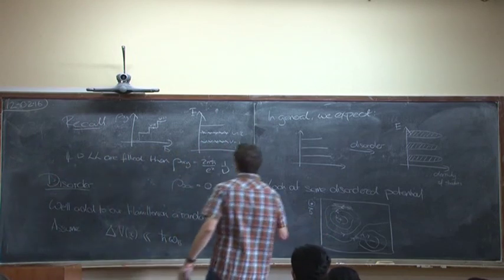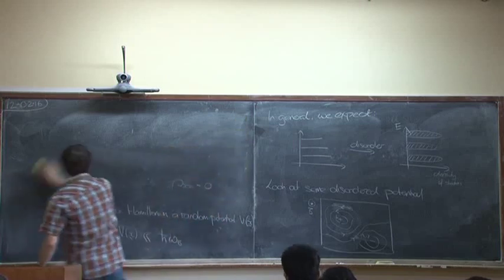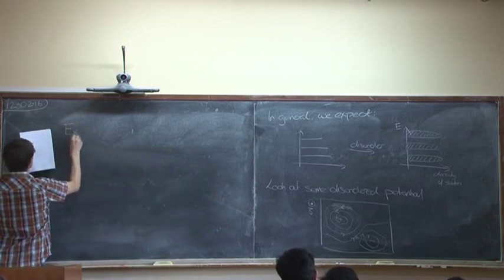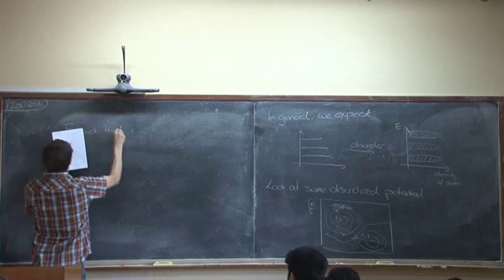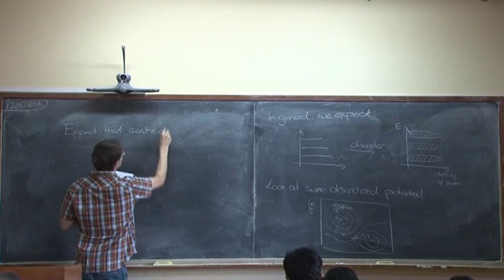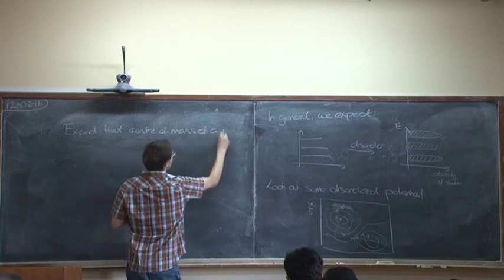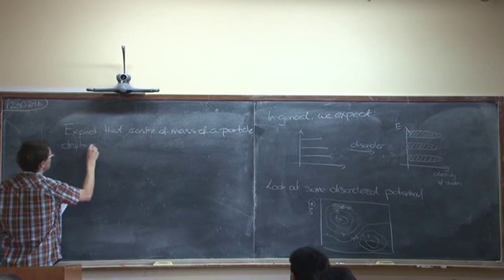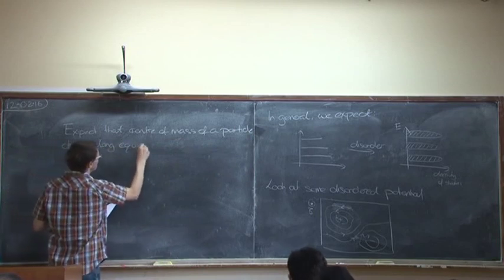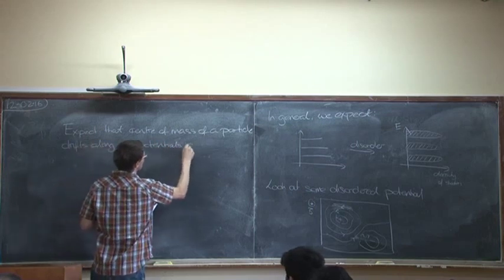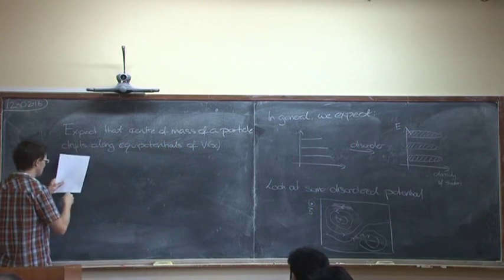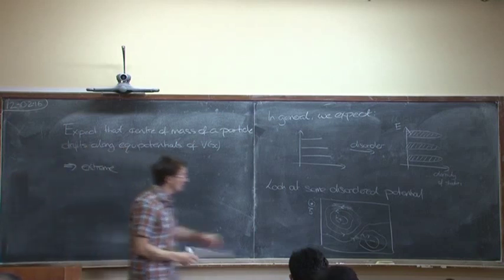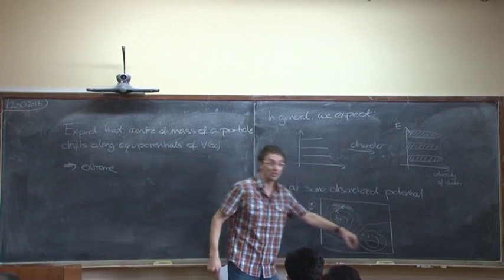Okay, so what have we learned? So we expect that the center of mass of the particle drifts along equipotentials of x, which means that we expect the extreme states, by extreme states, I mean those with very high energy or those with very low energy, to be localized.